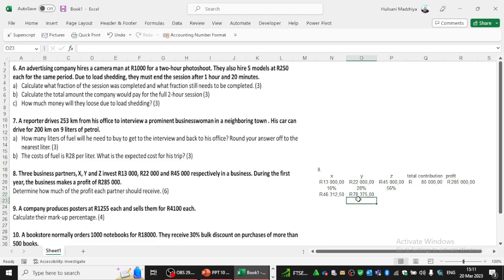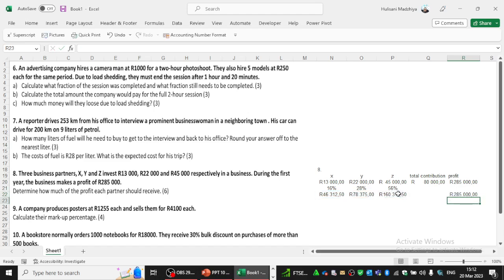That will be 78,375. And partner Z will receive 56% based on his contribution towards the company. That would lead him to receiving 160,312, and all of these amounts should add back to the same amount that we have up there as 285.